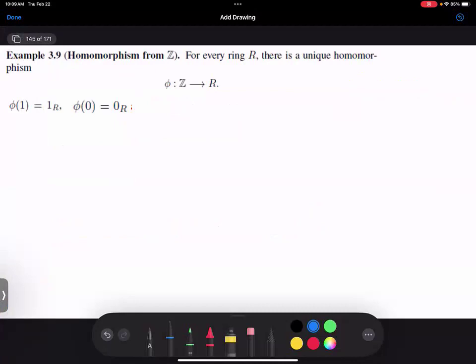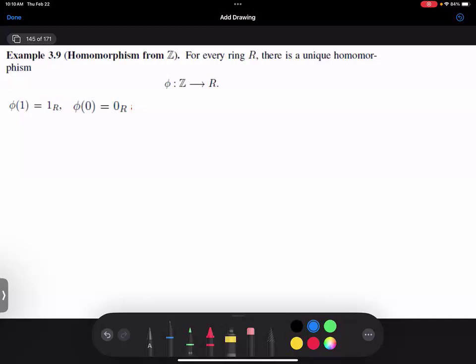So if I send everything to the identity, I'm going to trivially get a group homomorphism. And so it's worth asking, well, Z is a ring, and whenever I need an example of a ring, Z is one of the ones I should go to. The next example I would go to are the clock groups. But Z is a very natural ring. So what kind of ring homomorphisms can I have between Z and an arbitrary ring R?